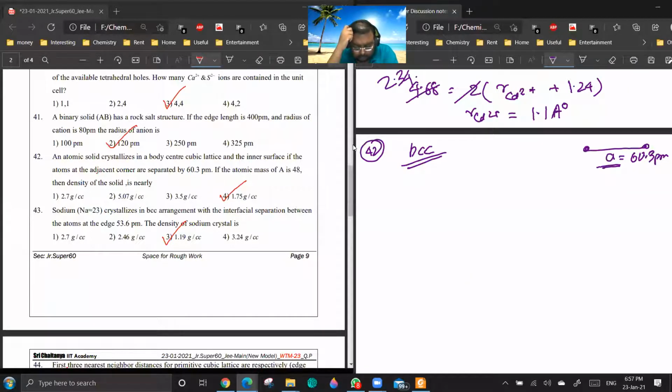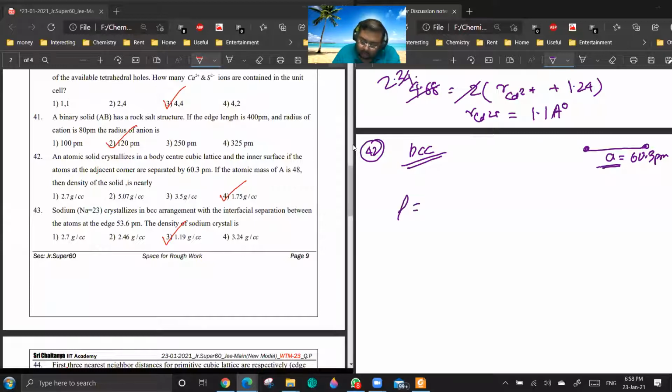There is some distance between centers, no, sir. We should take A equals 2R plus 60.3. Yes, sir. A will be 60.3. So if rho is what?